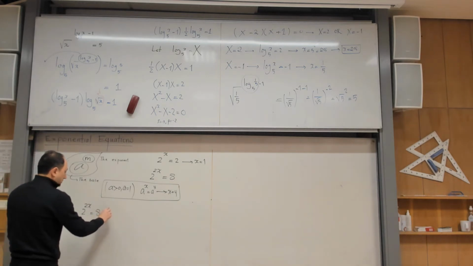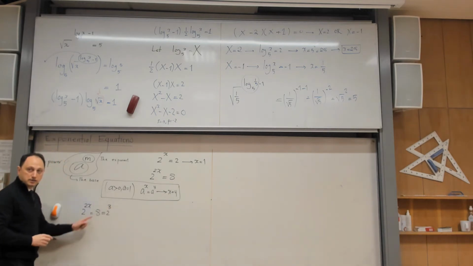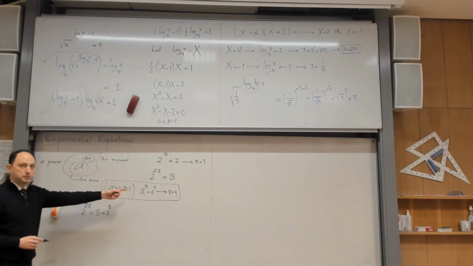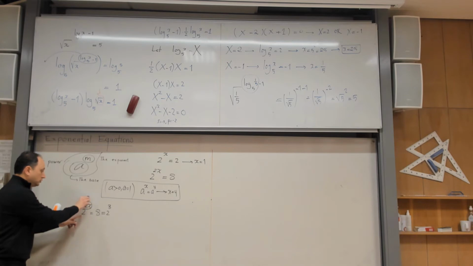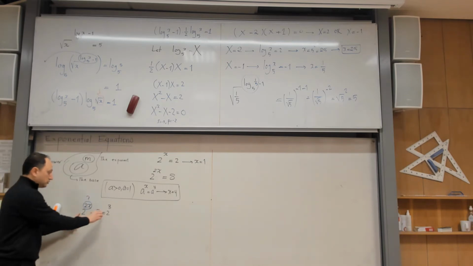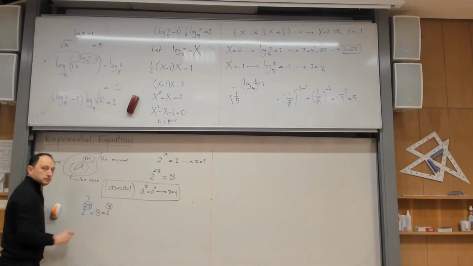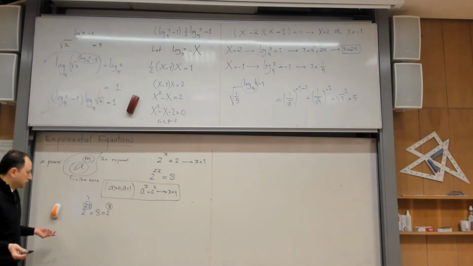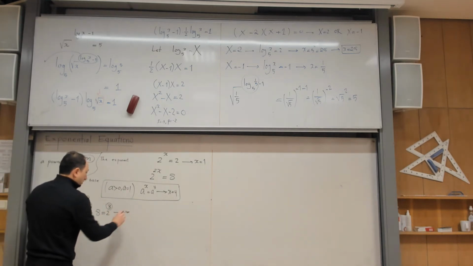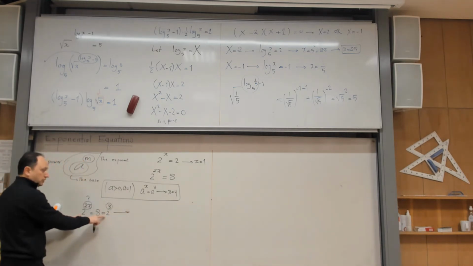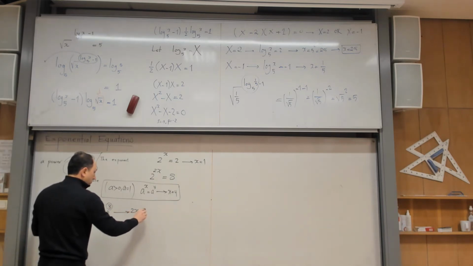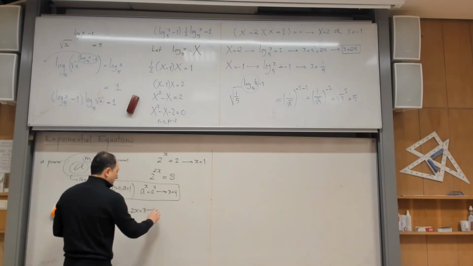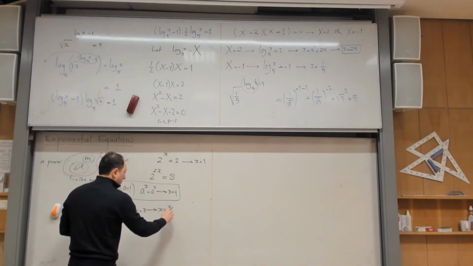You write 2 to the power of 3 instead of 8, and then you have this problem. 2 to some power which you don't know is equal to 2 to the power 3. So what is the consequence? This exponent is equal to 3. And this means that x is what? 3 over 2, or 1.5.